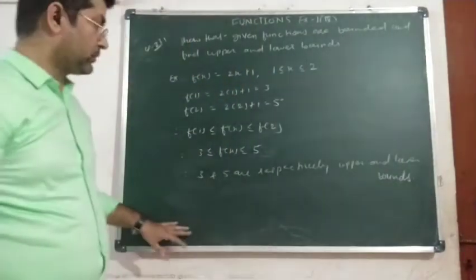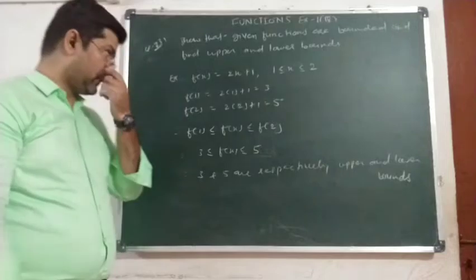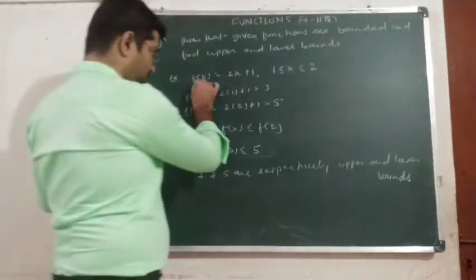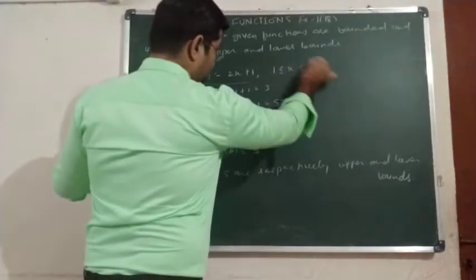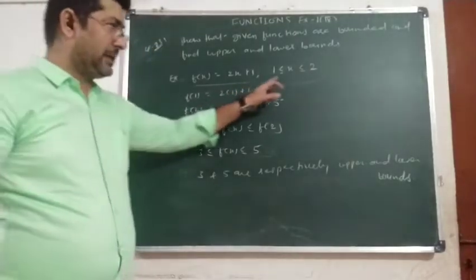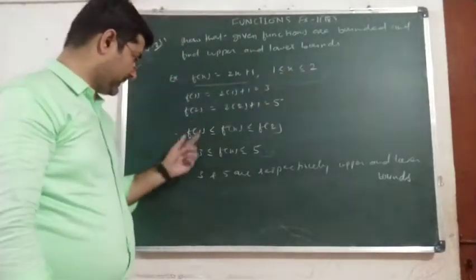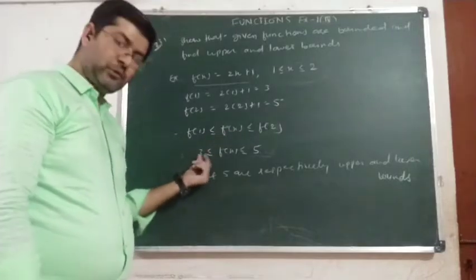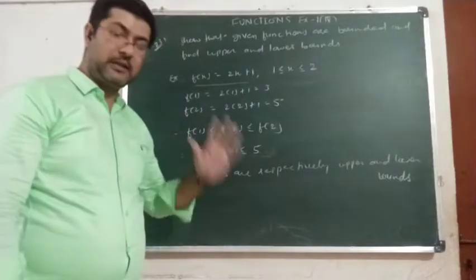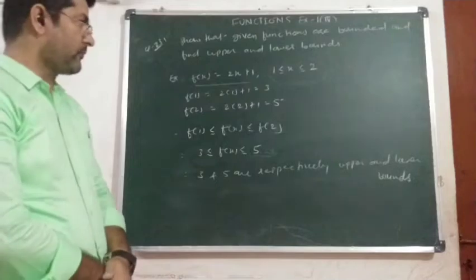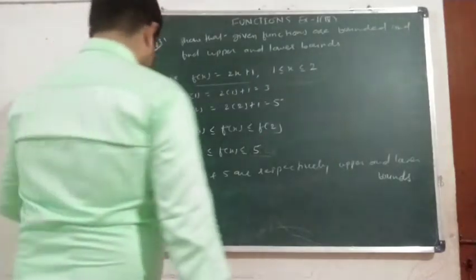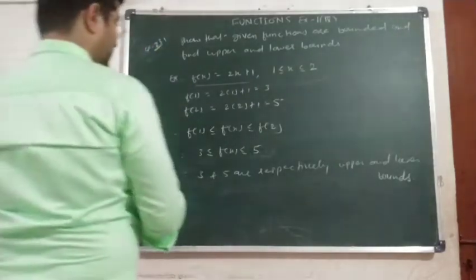Clear? So how to find the upper and the lower bounds? You will be given the formula of a function and the values of a and b will also be given. So find out f of a, f of b. Okay, that will be respectively lower and upper bound. Now let us solve the questions on the basis of this.